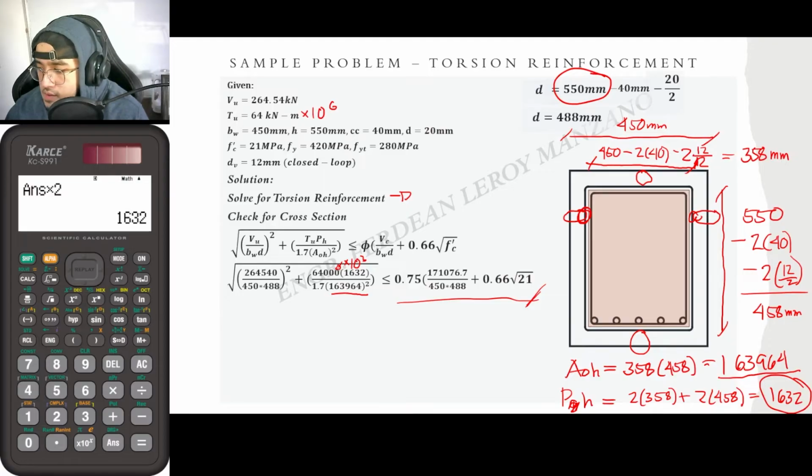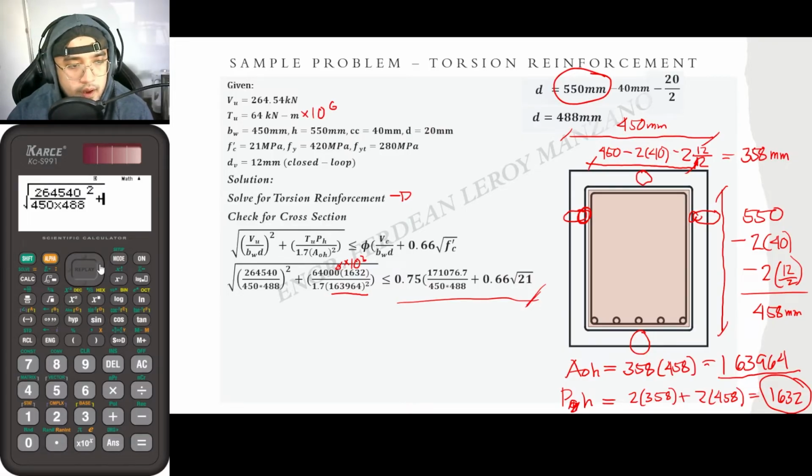In order for us to confirm, using my calculator, 26,540 divided by 450 times 488, quantity squared, plus 64 million times 1632 divided by 1.7 times 163,964 squared.